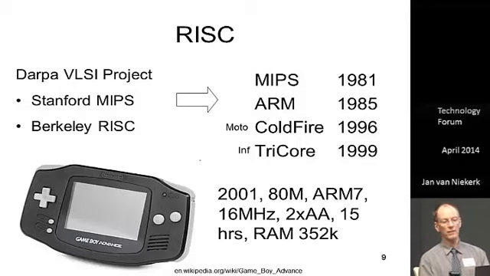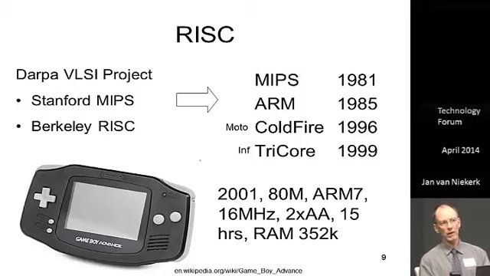So out of that came the MIPS microcontroller from Stanford, and a small company in England, Acorn, which were the makers of the BBC Micro, got hold of the Berkeley paper, and they were at that point looking at the Motorola 68000 microcontroller and found it kind of lacking for what they wanted to do. They already figured out that they wanted a 32-bit microcontroller.